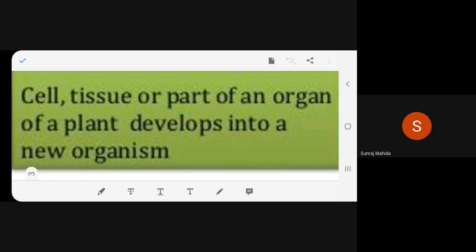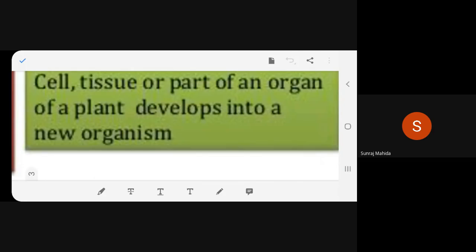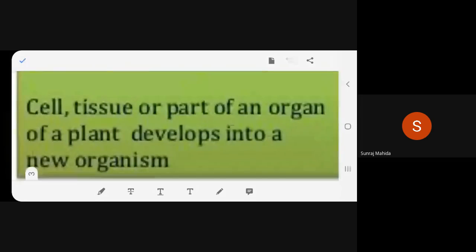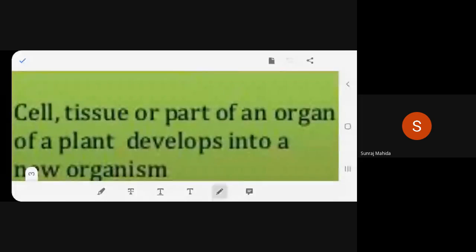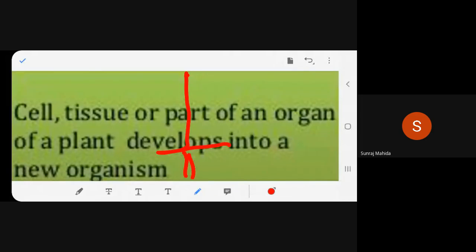Cell tissues of part of an organ of a plant develop into a new organism. Okay. For example, this is a plant, and I take a leaf, or I take a branch. I cut a piece of the branch, and I put it in the soil. What will happen?